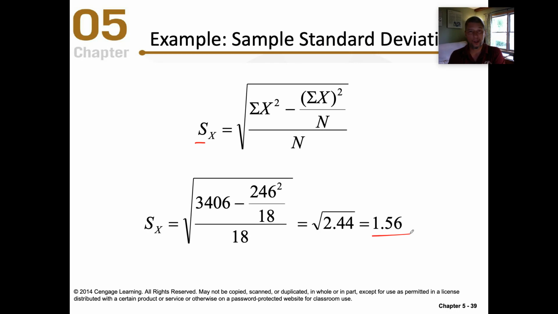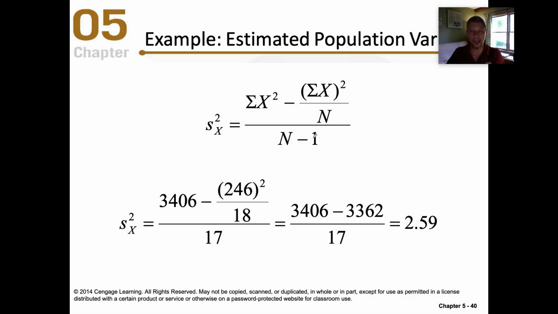Now, in order to calculate the estimated population variance and standard deviation, I do the same calculations again, only this time, rather than using n in the denominator of the fraction, I use degrees of freedom, n minus 1. Notice here, I've got the little s, estimated population variance, and so that's the sum of x squared minus the sum of x quantity squared over n, all over n minus 1.